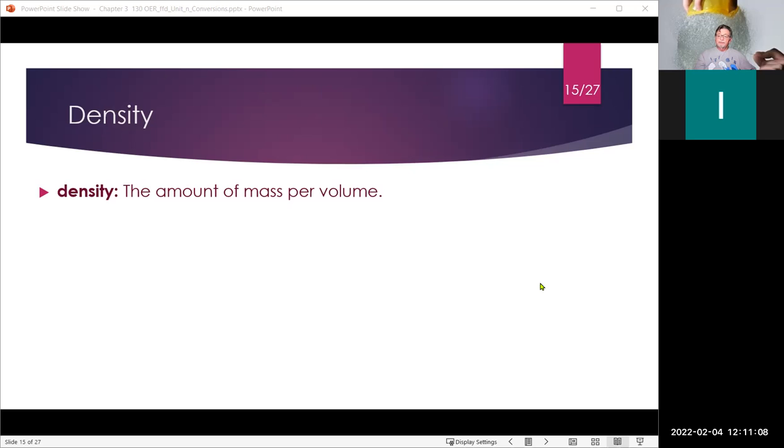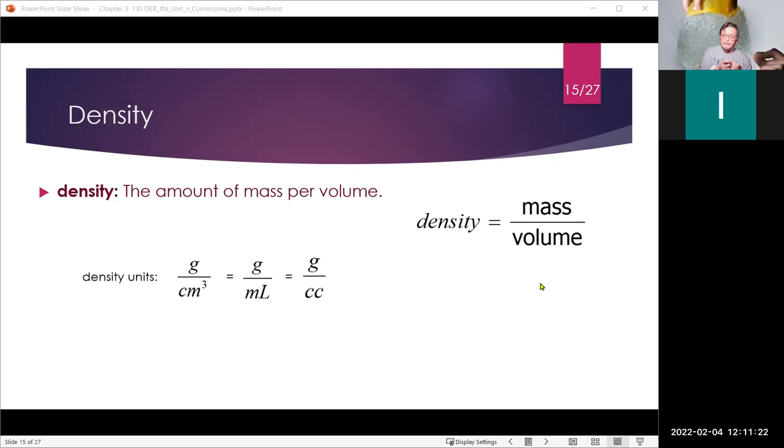Which brings us to this ratio we've been talking about, which is called density, okay? And that is simply a ratio of the mass divided by the volume. So the units of density are mass units over volume units.